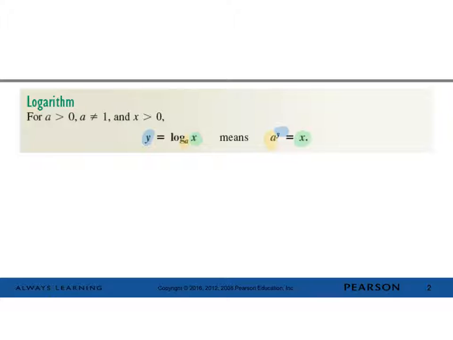Essentially, what you're going to do when you're evaluating a logarithm or trying to convert from log expressions into exponential expressions is take the base of the logarithm, in this case the base is a, and raise it to the y power, and the result is going to give you the value of a raised to that power.